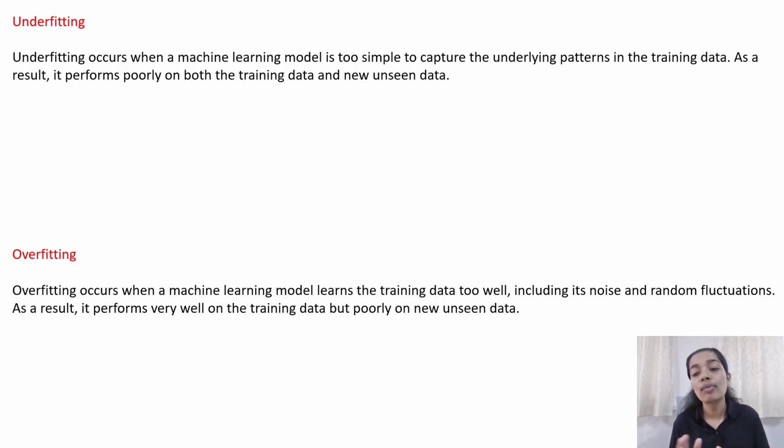So it gives poor performance on unseen data. In underfitting, it doesn't perform on training data or even on the testing data. Whereas in overfitting, it performs fantastic, amazing on training data, but on unseen data, it doesn't perform well. This is the basic concept of underfitting and overfitting.